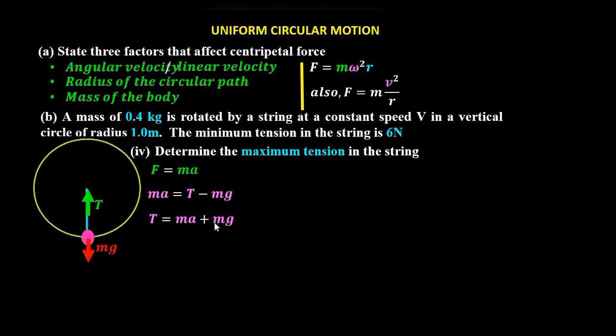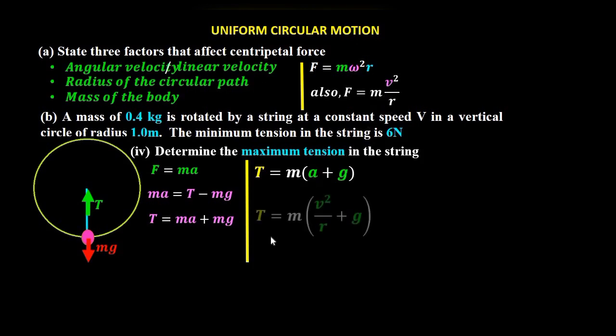Remember, we can factor out m so that we have T is equal to m into a plus g. Just as we had seen earlier on, a is equal to v squared over r, and therefore our equation will become m into v squared over r plus g.